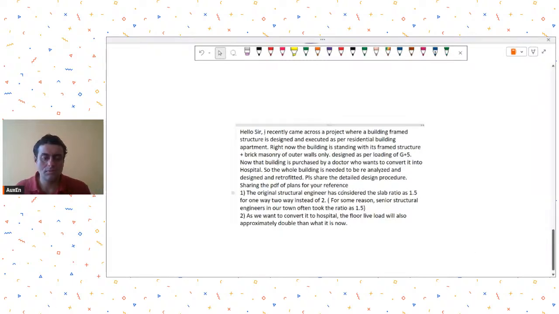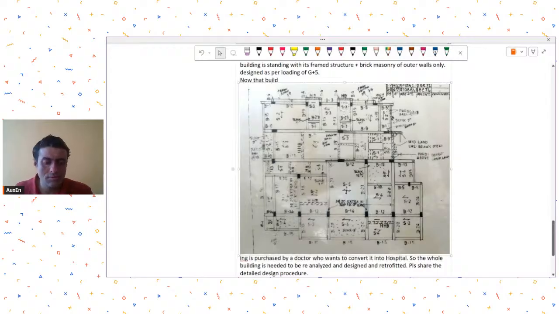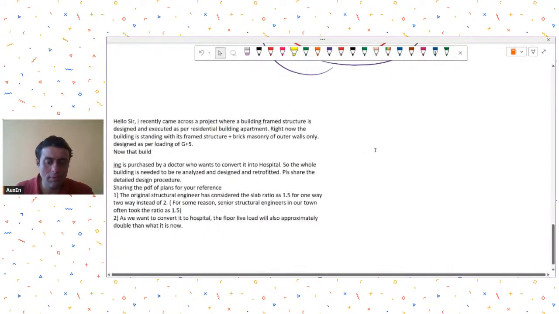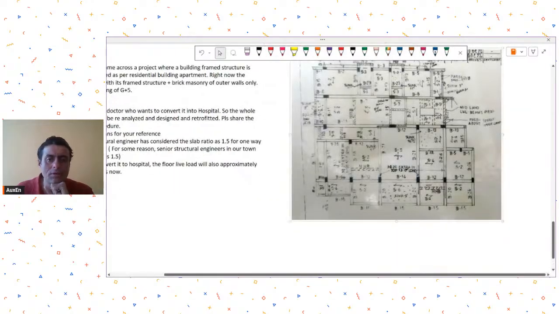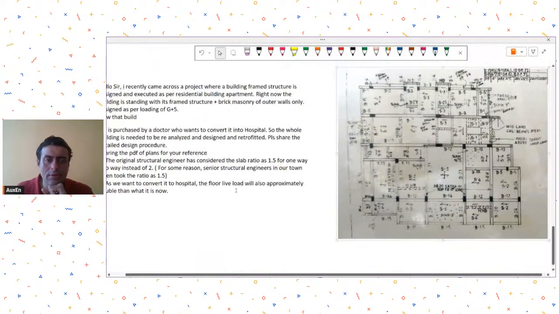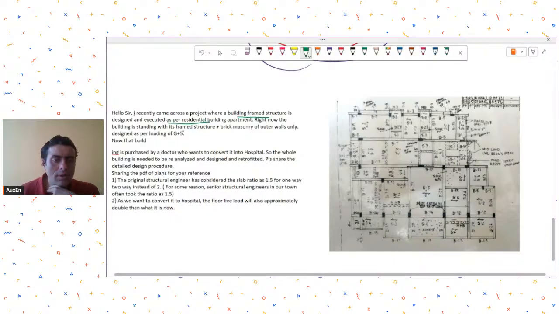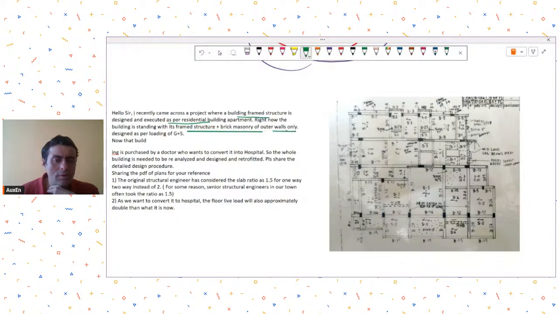In the PDF there are multiple floor plans, but I am just showing you one floor plan right now. And the question is that a building frame structure was designed and executed as a residential building. Right now the building is standing with its frame structure plus brick masonry of outer walls only.